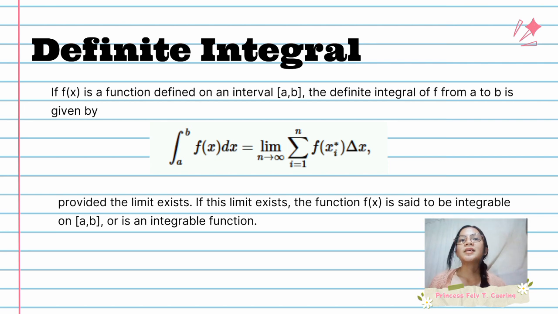This basically means that definite integrals are integrals that have specific upper and lower limits resulting in a numerical value. Definite integrals differ from indefinite integrals in a way where indefinite integrals lack limits resulting in a family of functions with an added constant of integration.